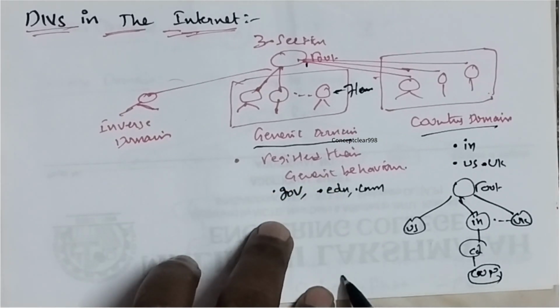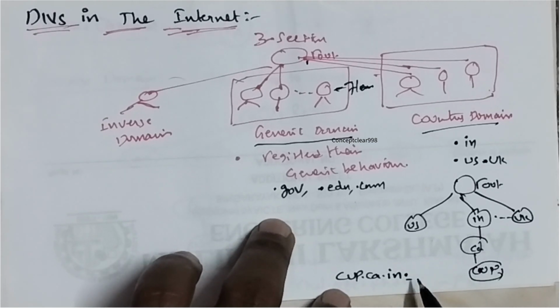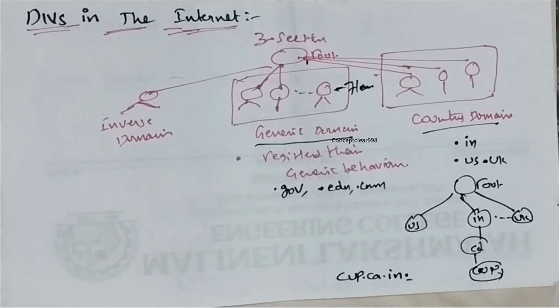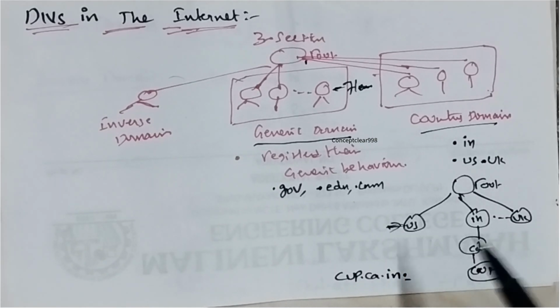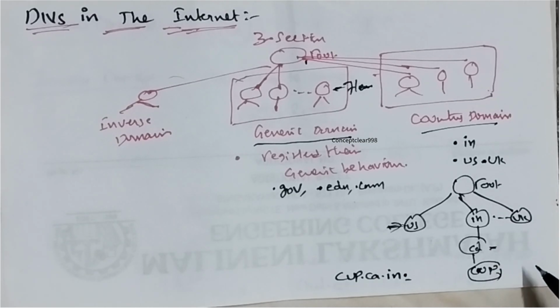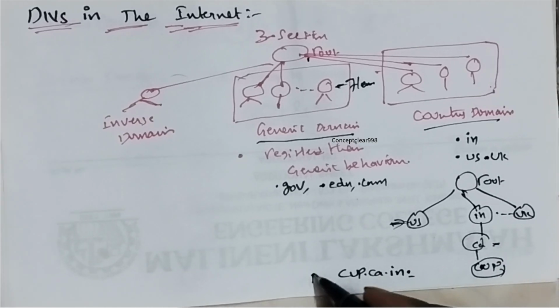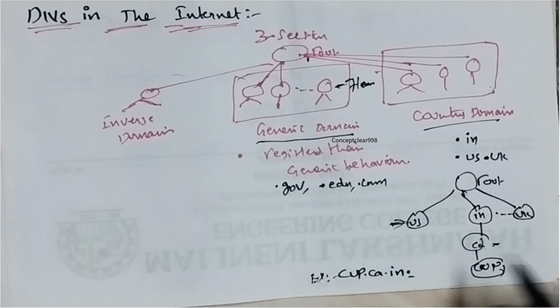From bottom to top: cup.ca.in. If you write the final dot, you are considering the root value. In the first level only we write the country name. The second level label can be organizational, or more specific national designations. This is the example for country domains indexing.